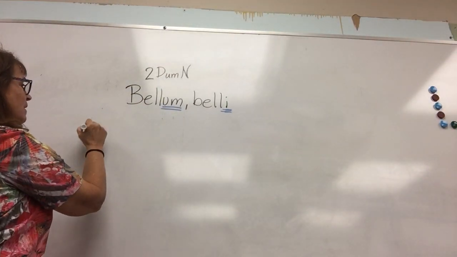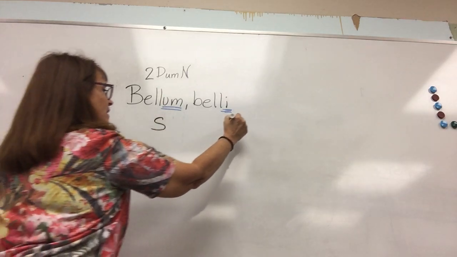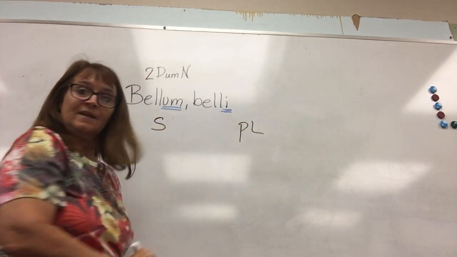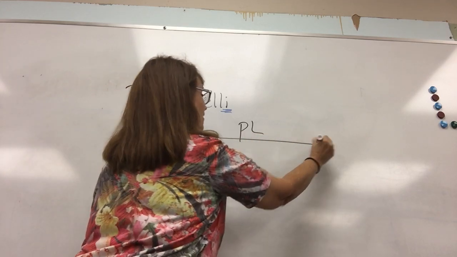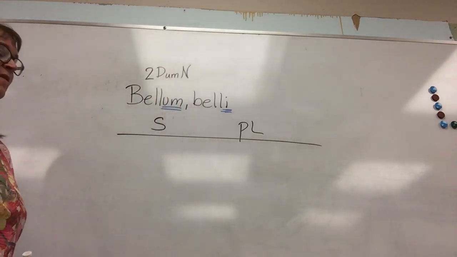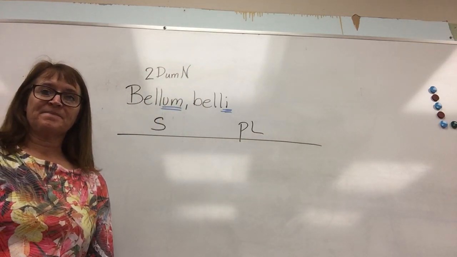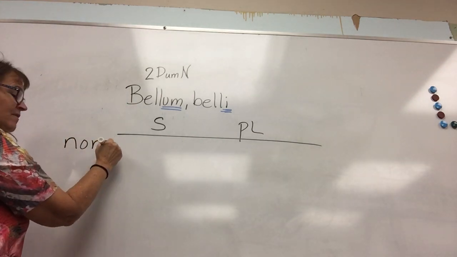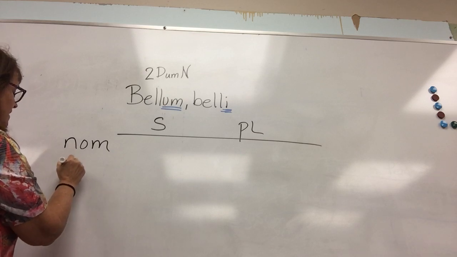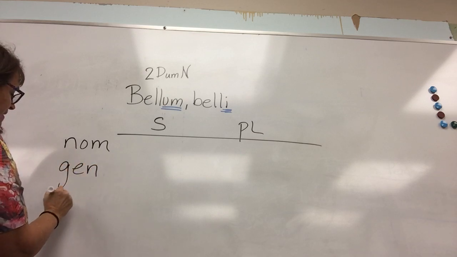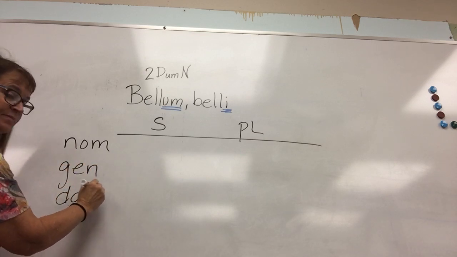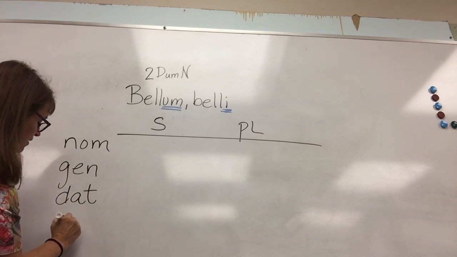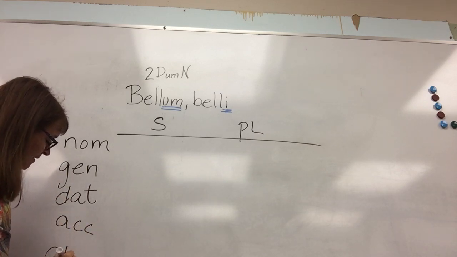So here we go. Remember, we have singular, we have plural, okay? And we have our 5 cases. Before I write them, see if you can say them. Okay, we have nominative, we have genitive, dative, accusative, and ablative.